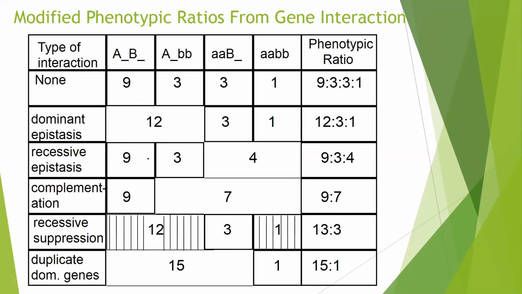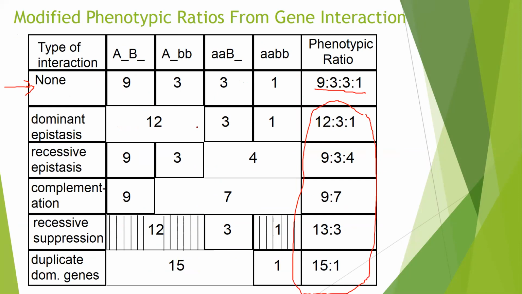All right, this slide gives us a summary about the different ratios. We start from the classical 9:3:3:1 ratio, right? In this case, there's no interaction between these two genes. Now we're going to see the variants of these ratios.